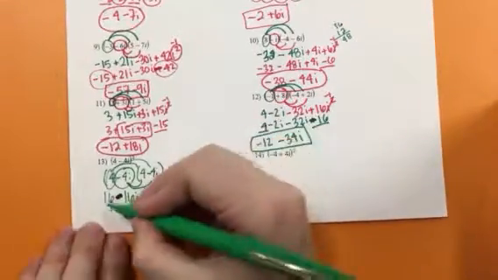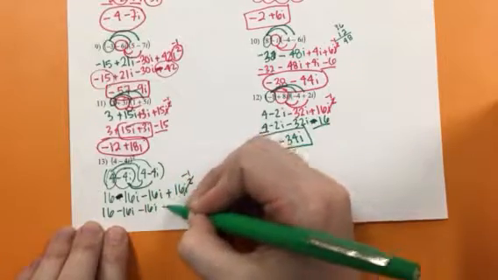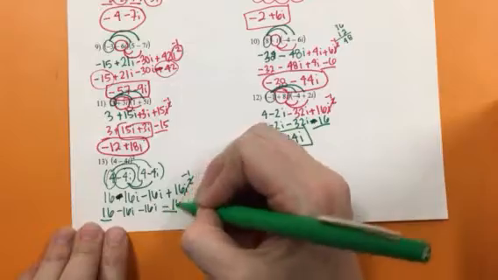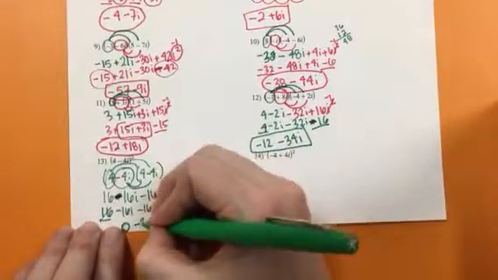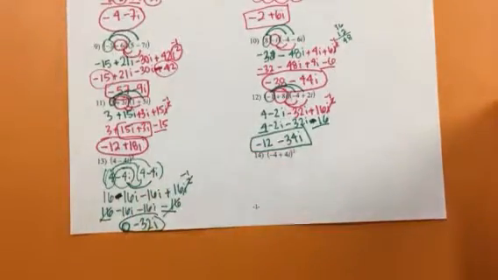That becomes a negative 1, which changes it to a negative 16. 16 minus 16 cancels out and is 0, minus 32i. Or you can just write negative 32i.